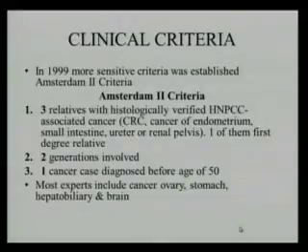At that time in 1999, they included cancer of the endometrium, small intestine, ureter, and renal pelvis. But later on, a lot of experts included other cancers, which are ovary, stomach, hepatobiliary, and brain, which can all be associated with Lynch or hereditary non-polyposis colorectal cancer.